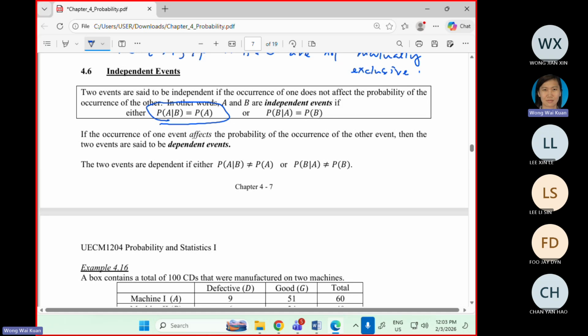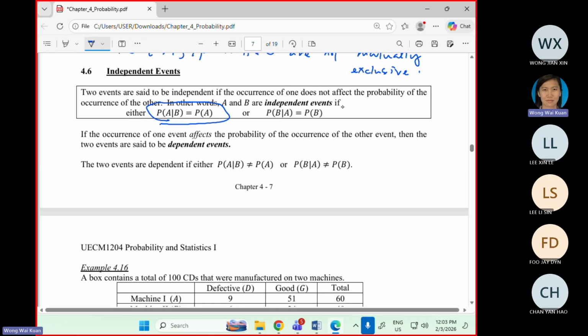Students always make a common mistake: they take the probability of A given B and compare it with the probability of B. Is it correct? No, this is definitely wrong, because what we want is the other way around.